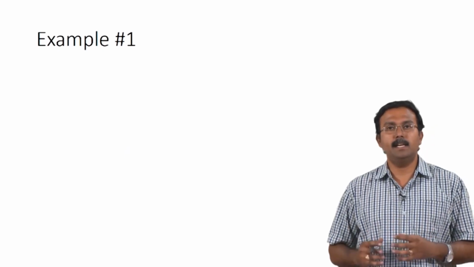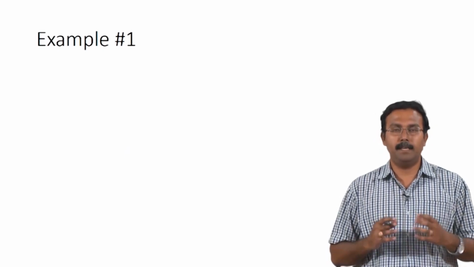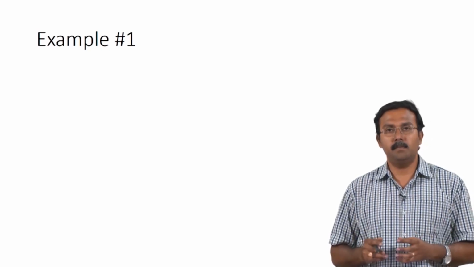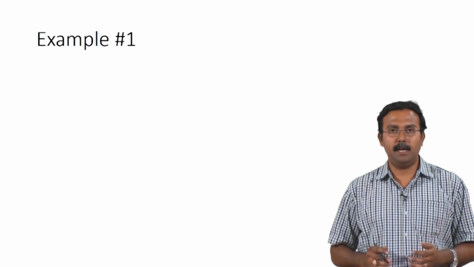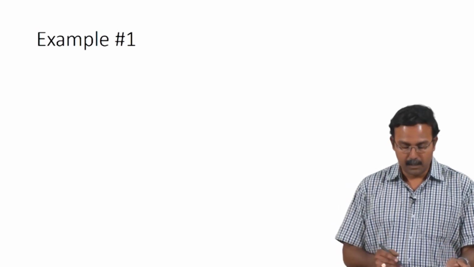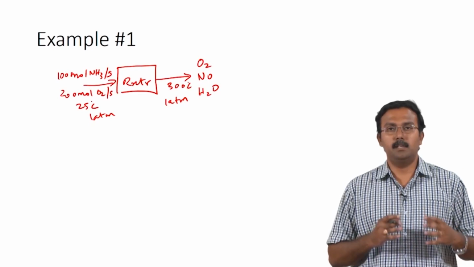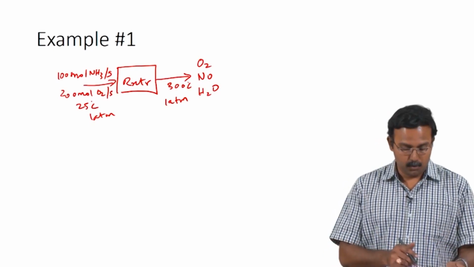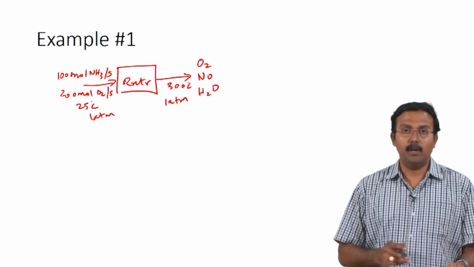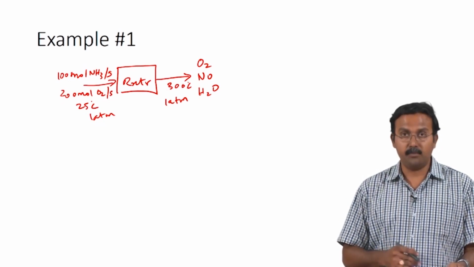As I have always been saying, the first step for any energy balance problem is to perform material balance calculations. Here the exit stream information is not readily available, so we need to perform material balances to get the flow rates for the exit stream. Using the flow chart we developed, we have 100 moles of ammonia and 200 moles of oxygen entering. We have been told that ammonia is reacting fully.